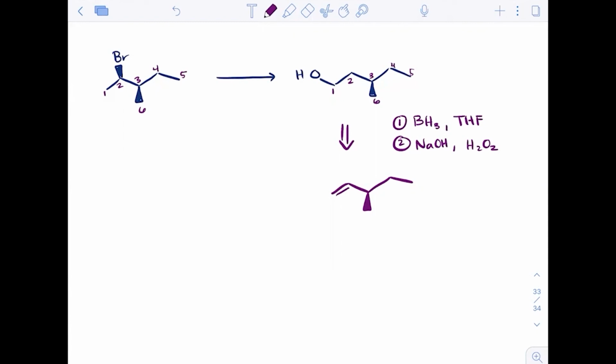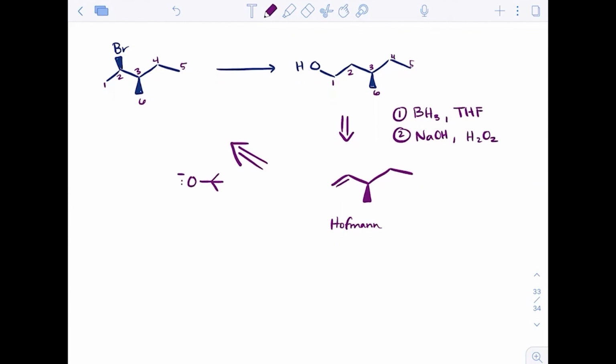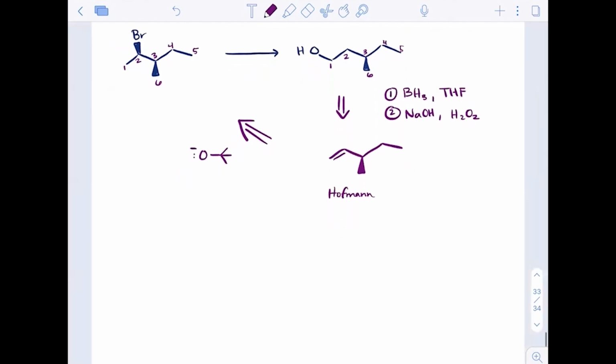Well, how do I make that alkene? Specifically, a Hofmann alkene. Again, large bulky base, something that is in the E2 category, but preferencing Hofmann over Zaitsev. We do have two beta carbons and two beta hydrogens in our original reactant, so be very careful. Again, these are all notes.